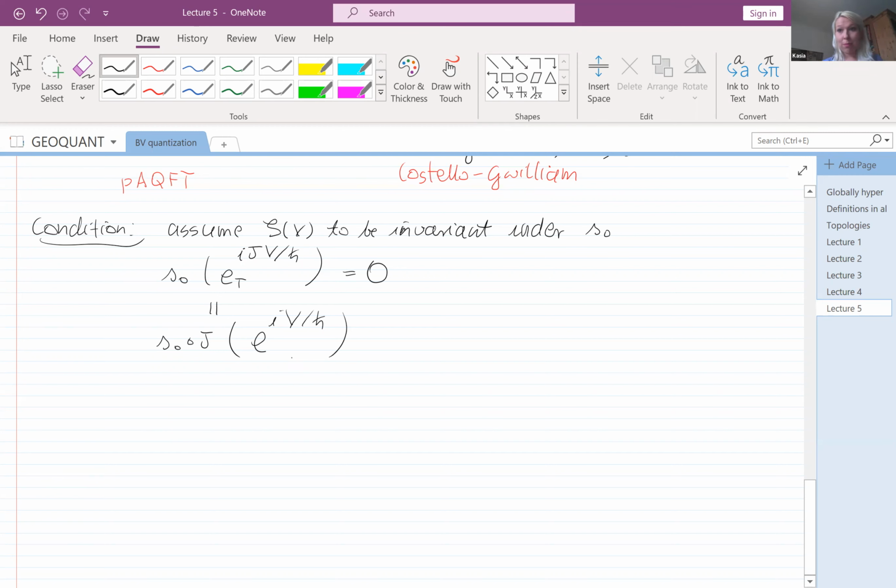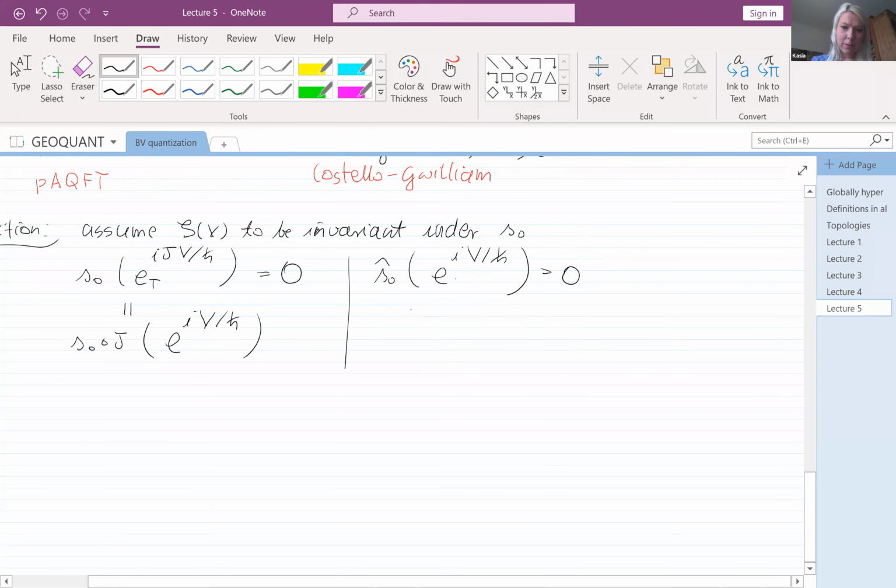And now, if we compose with T^-1, nothing really happens, the right-hand side is also 0. So this condition can also be phrased as the quantum BV operator acting on the S matrix, in terms of the pointwise product, is 0.